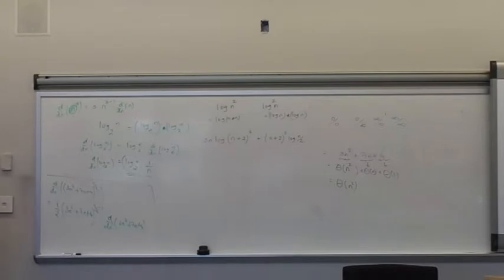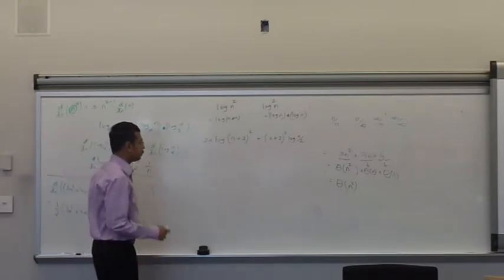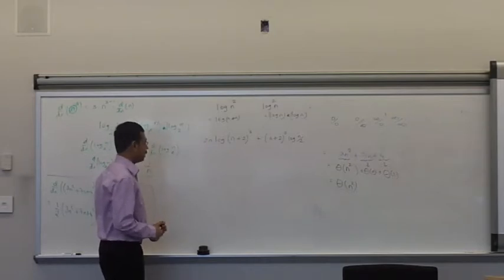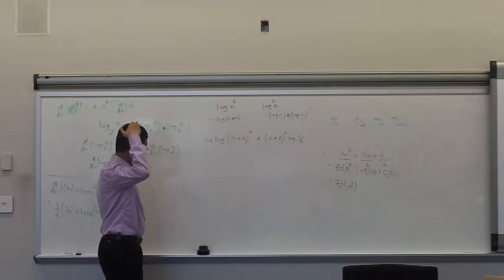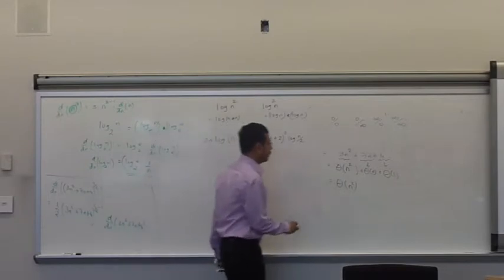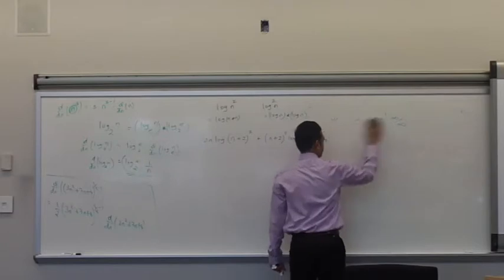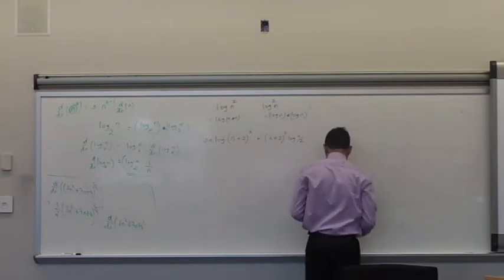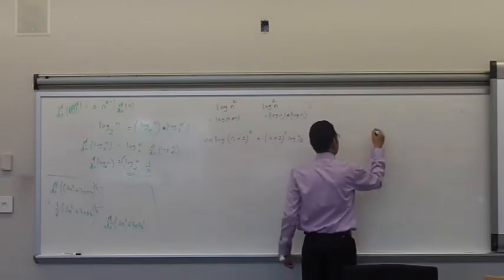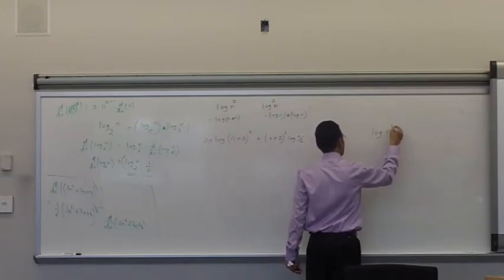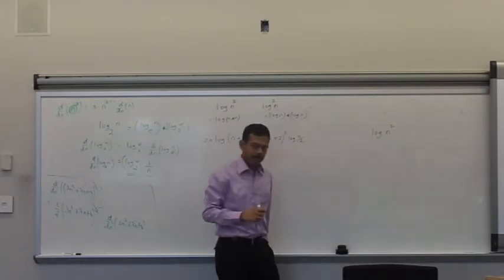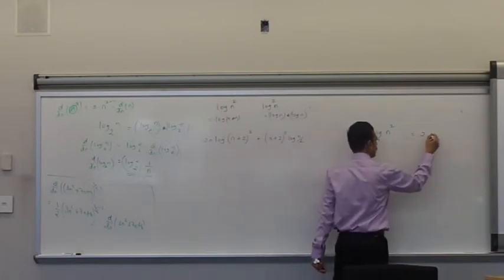Alright? You know that, again from calculus or college algebra, whenever these are logarithms, if you have log n square, can I say this is 2 times log n?